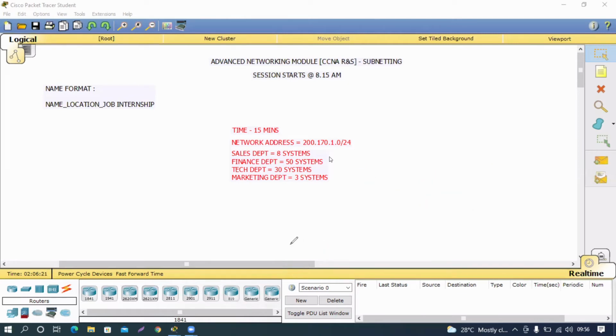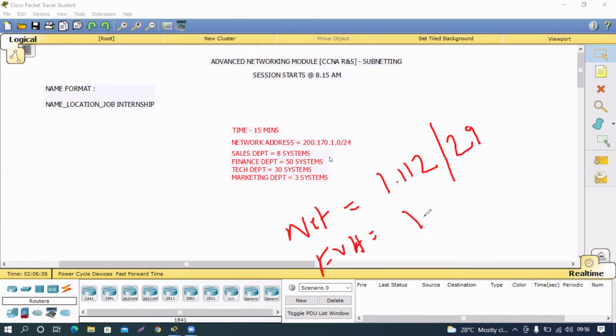So your first valid host address will be what? Your network address is 1.112 slash 29. Then your first valid host address will be 113 slash 29. Your block size will be 8, 256 minus 248.